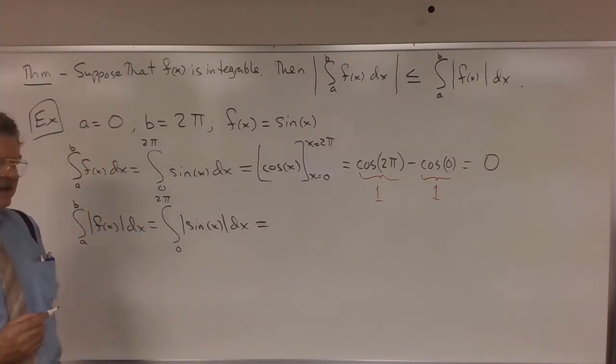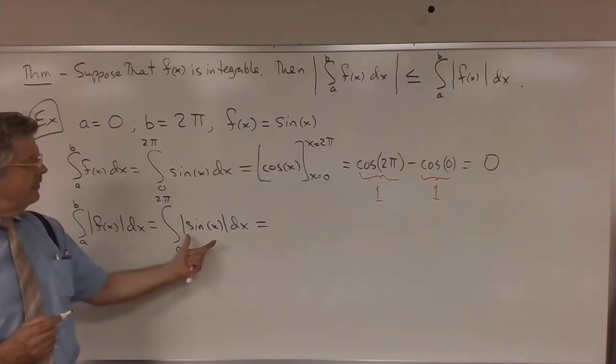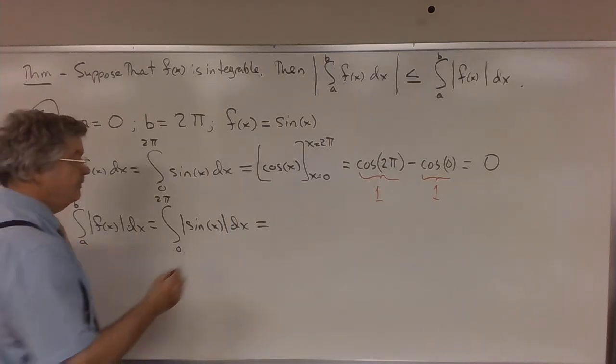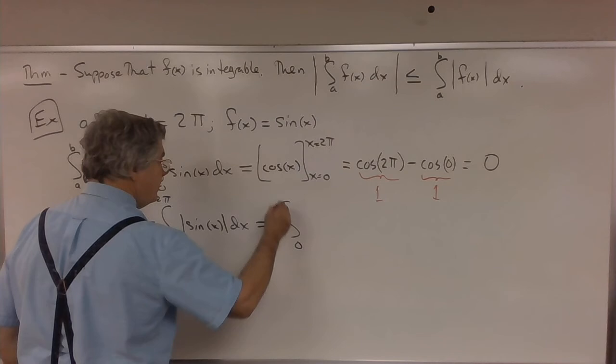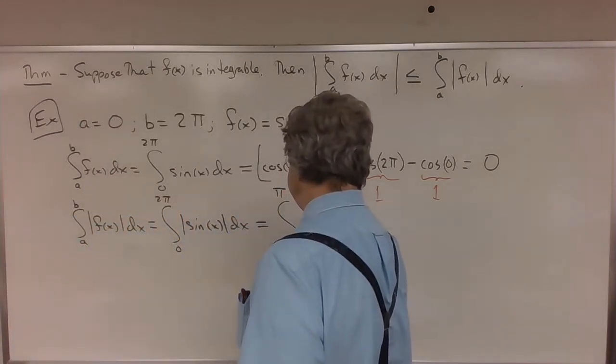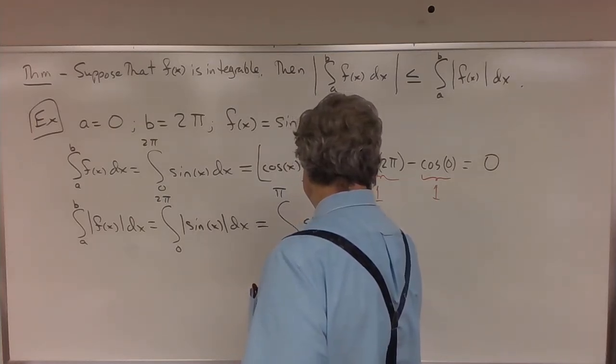Well, that depends. From x equal 0 to x equal pi, the sine of x is positive, so absolute value of sine of x is just sine of x itself. So from 0 to pi, absolute value of sine of x is just sine of x.